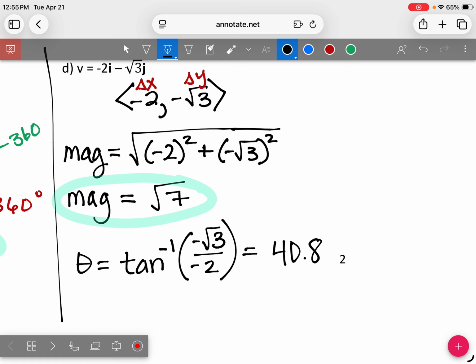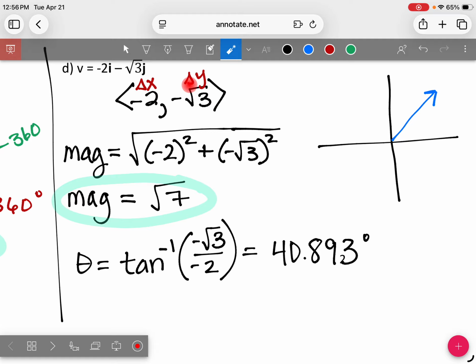I got 40.893. All right, so this direction that we came up with is in quadrant 1. But show me with your fingers, where is x negative and y negative? What quadrant are we in?